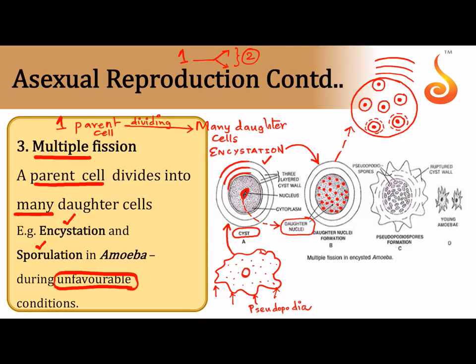That means it is taking shape into a cell. Isn't it? These are the daughter cells. Not only does cytoplasm come and ensheath them or encapsulate them, but even a membrane is formed around these daughter nuclei.